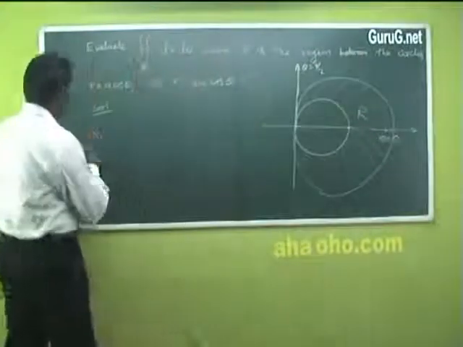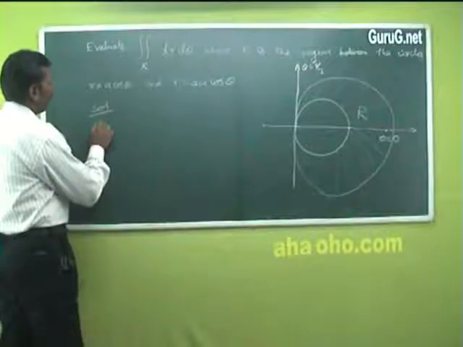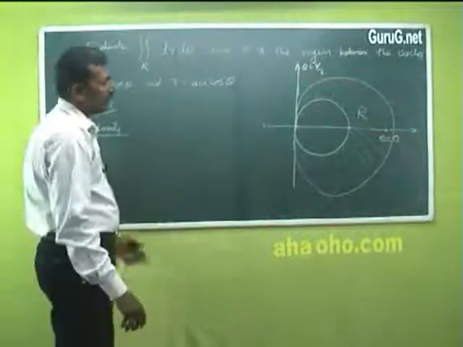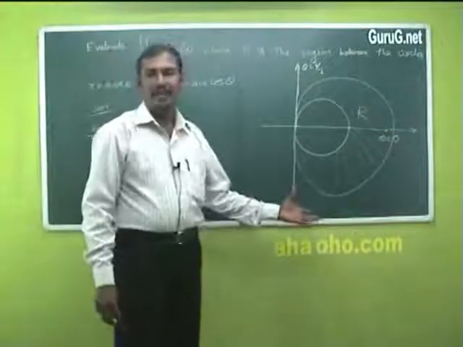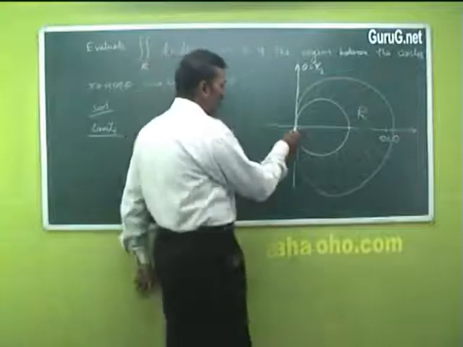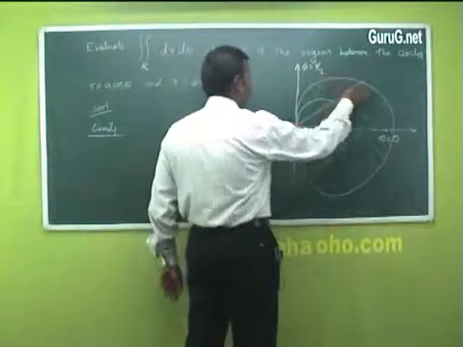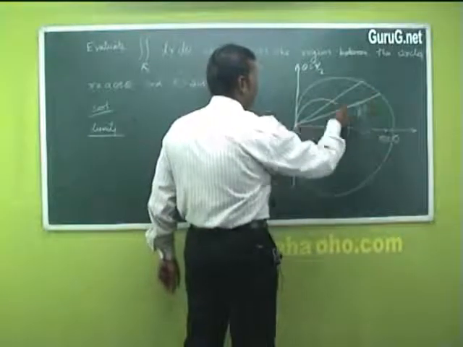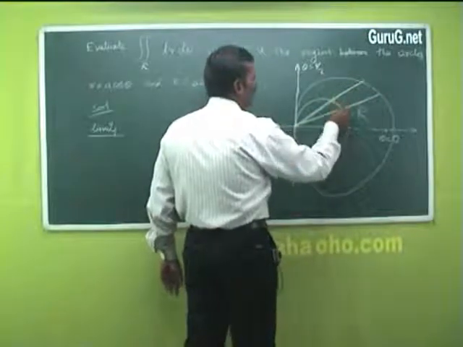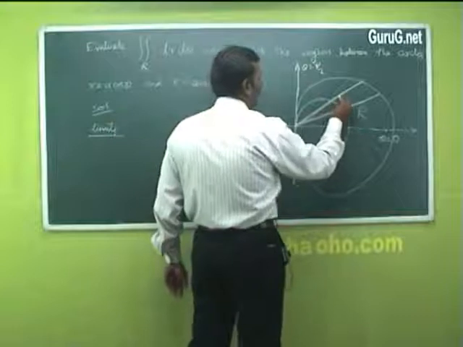Okay. So now, write down the limits. In Cartesian coordinates, in the region you draw either a horizontal strip or vertical strip. If it is in polar coordinates, you draw a radial line, a radial strip, right? This is a radial strip. So this is r equal to, between these two, right?